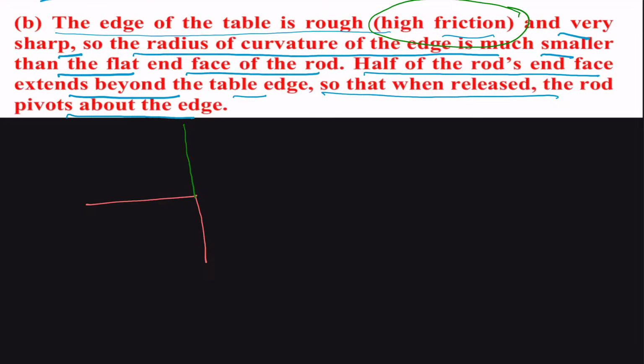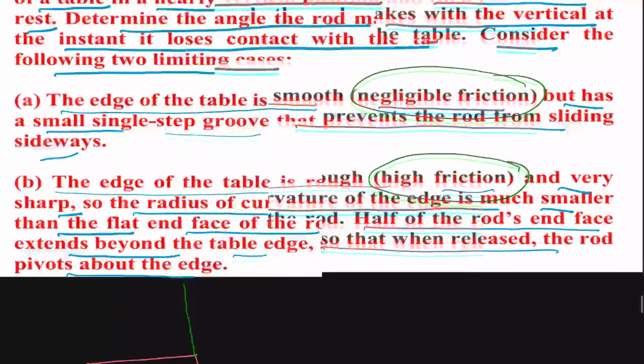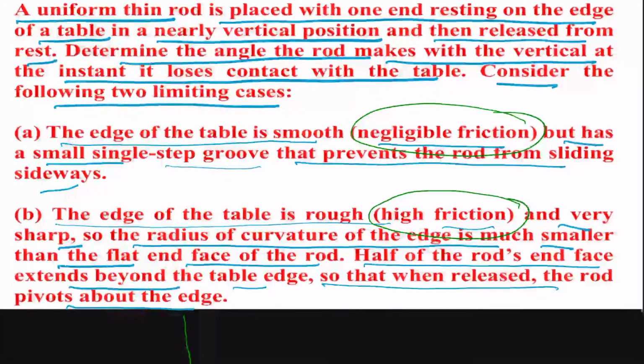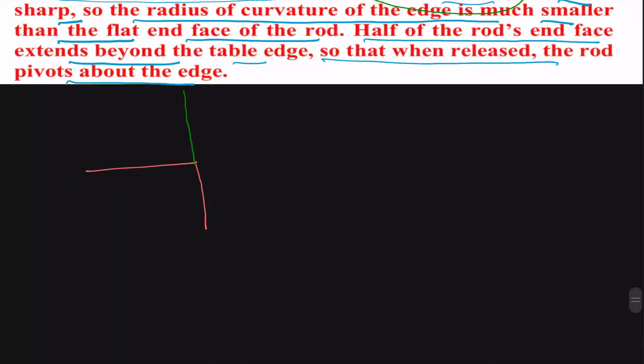Suppose this is a rod, and the total length is not given, okay, let's assume that it is L. Length of the rod is L. So if this is our center of mass, its length will be equal to L by 2. Okay. And as it is going to pivot, it is going to form something like this. This is the upper edge. Similarly, the center of mass is also going to form something like this.